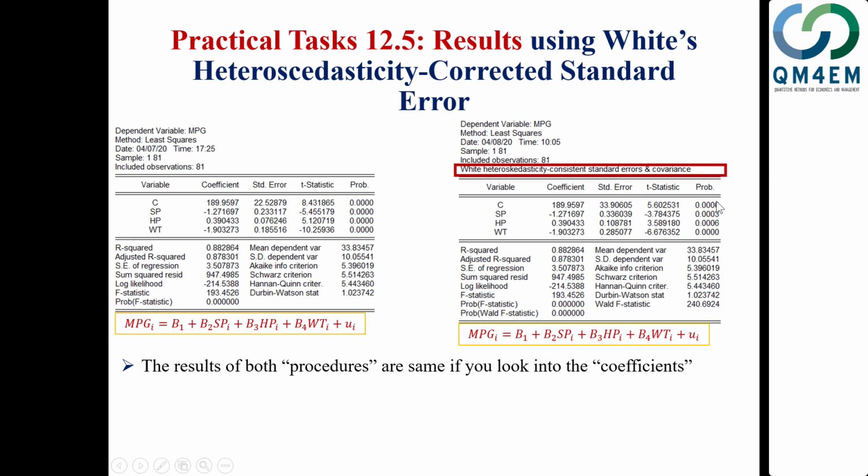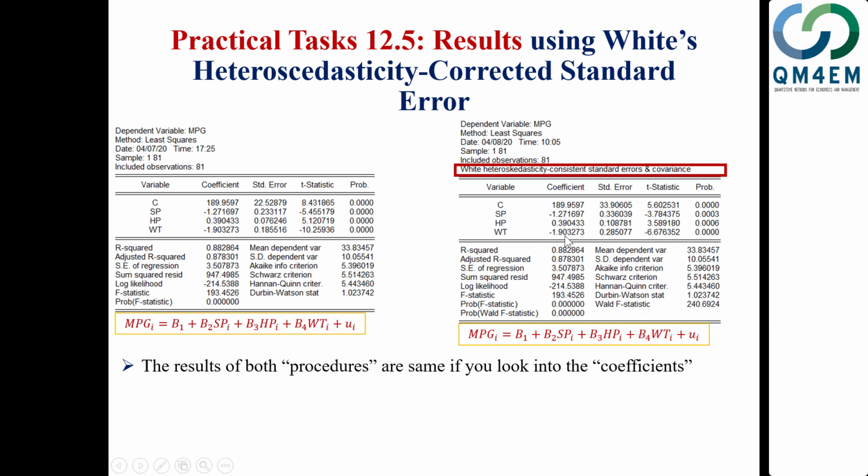Now what you should note is the coefficient values. Look at the left hand side and look at the right hand side. The coefficient for constant, 189.9597, is the same. SPHPWT: minus 1.27, 0.390, minus 1.90, minus 1.27, 0.39, minus 1.90 respectively in both models.